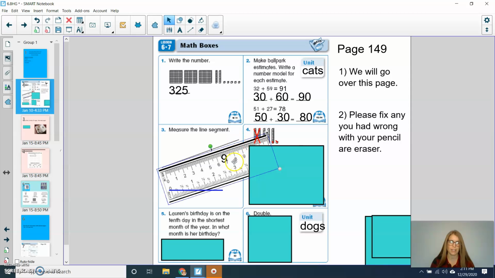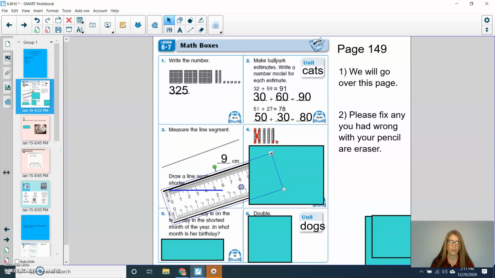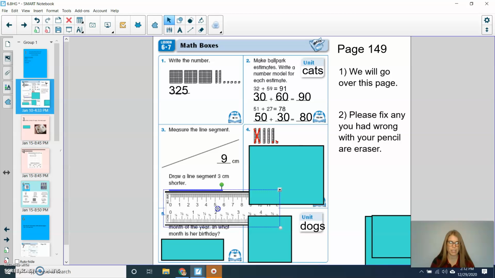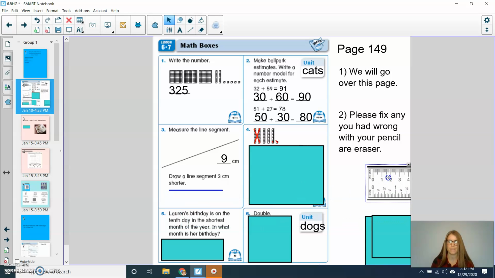If you had something different, double check to make sure that you had yours as 9 centimeters. Then it asks to draw a line segment 3 inches shorter. Well, 9 minus 3 would be 6. So when you double check yours, your shorter line should be 6 centimeters long.